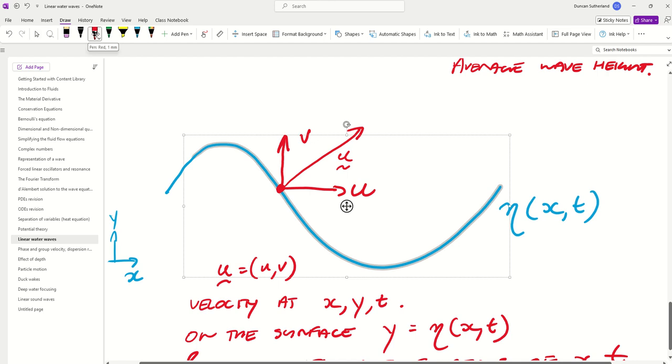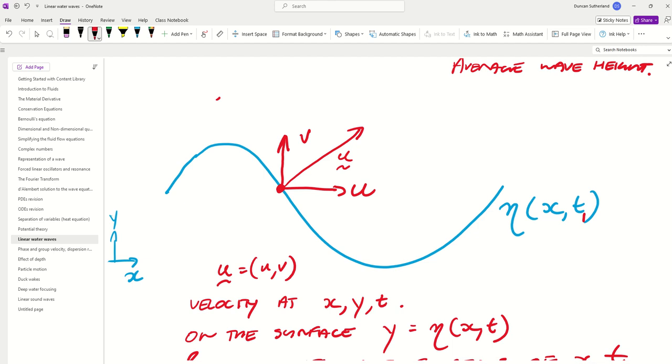So if this is your wave at time t1, let's label this as t1, and you move to time t2, right, you do so with this velocity u under twiddle.